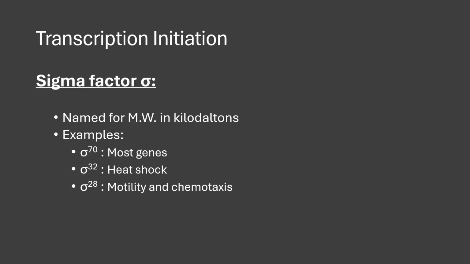Heat shock proteins are nearly all switched on by sigma factor 32. Sigma factor 32 recognizes those consensus sequences. Others bind to genes involved in motility and chemotaxis or other types of genes. So different sigma factors can bind to different types of consensus sequences.